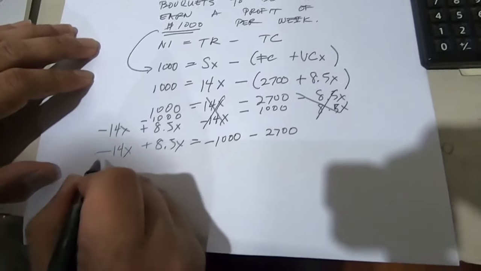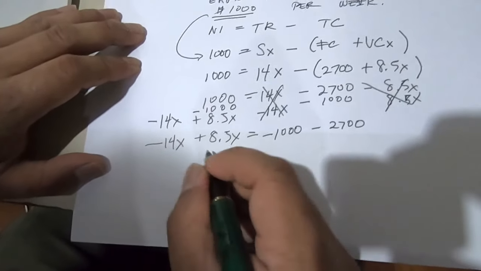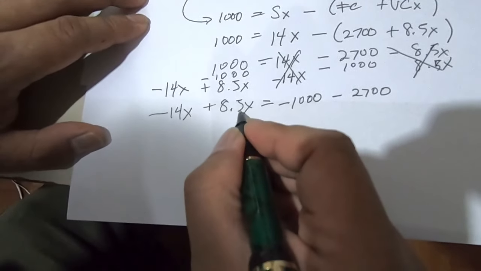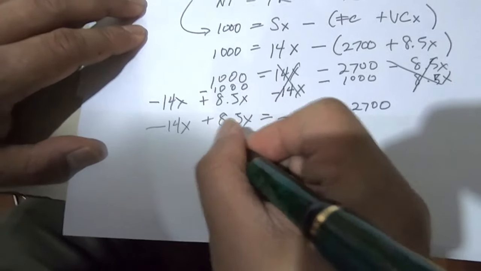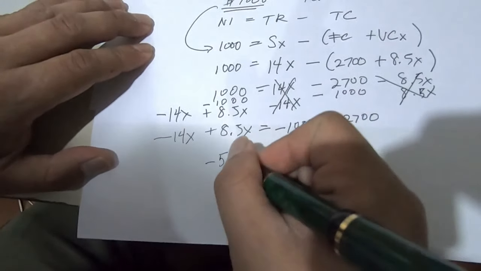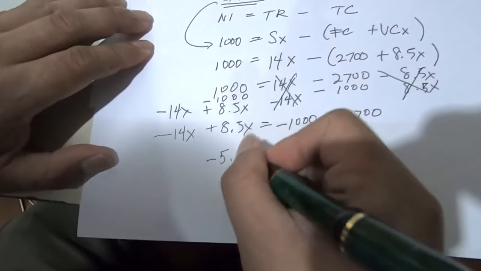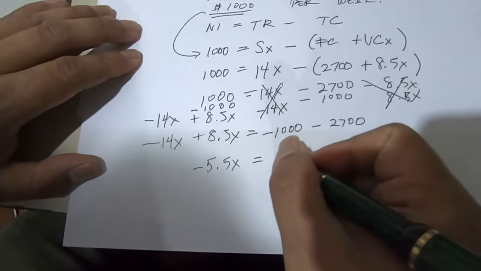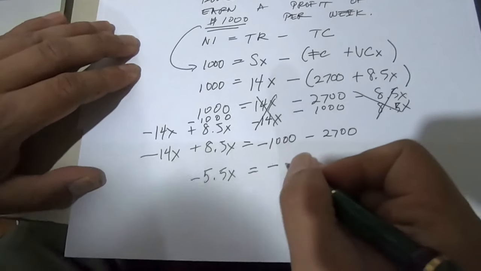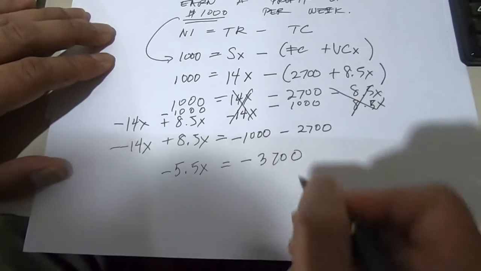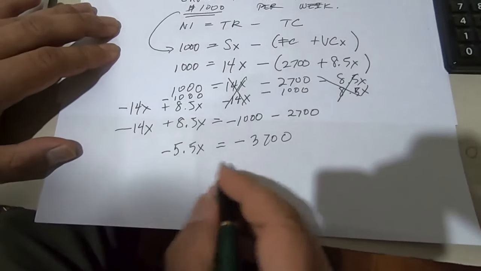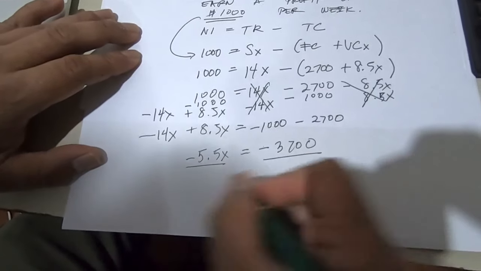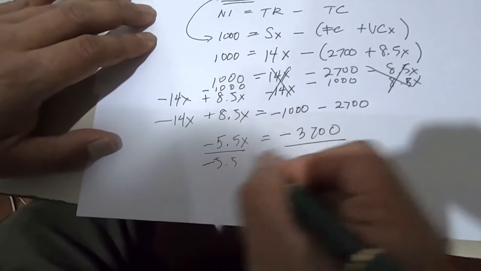Okay. So then we continue to simplify this part of the equation. Negative 14x plus 8.5x becomes negative 5.5x equals negative, we add this together, that'll be 3,700. Now we want to isolate x here, so we need to divide both sides of the equation by negative 5.5.